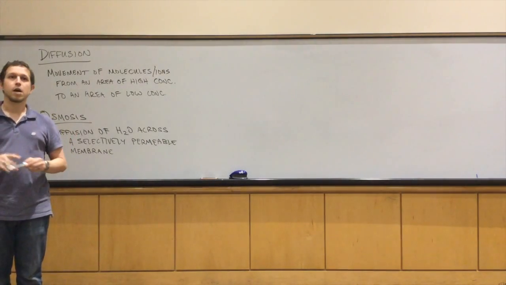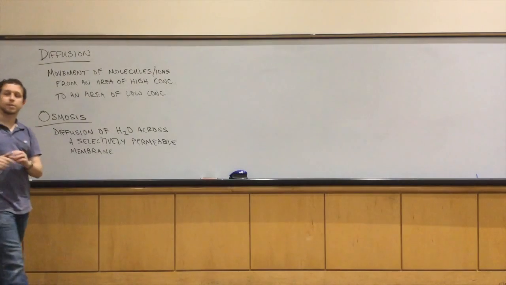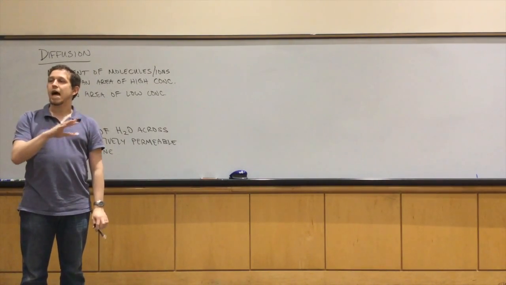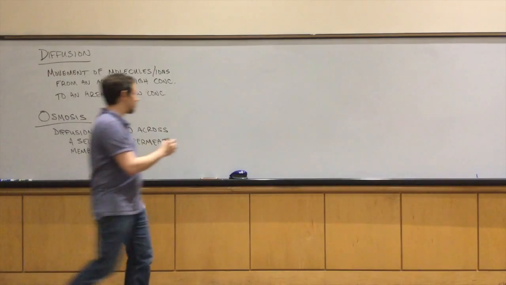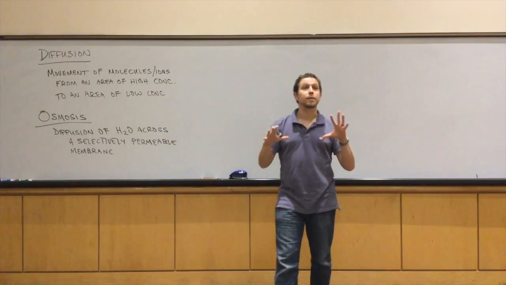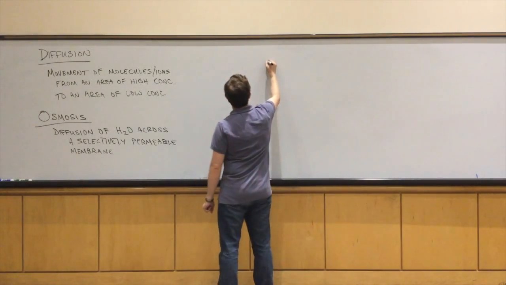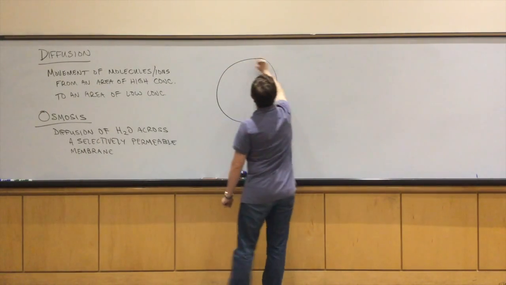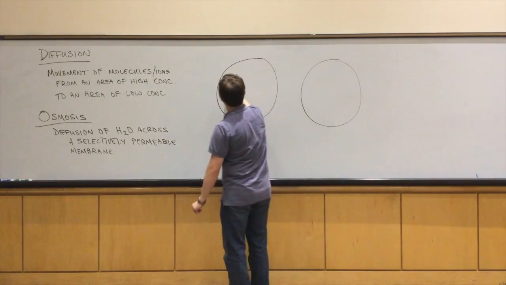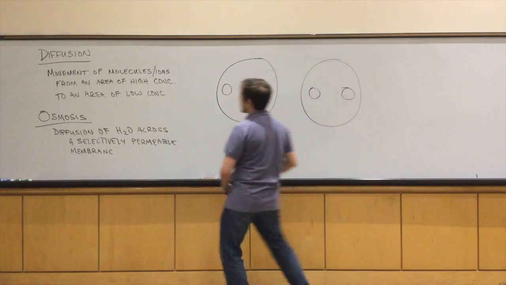Pretty basic stuff. Okay, so before we get into the thick of all of the experiments that were performed in this particular lab, let's start with the very first experiment, which was simply devised to demonstrate factors that can ultimately affect the rate of diffusion. So you may recall that in this experiment you had two plates. And you took these two plates and you created these circular cavities in them.